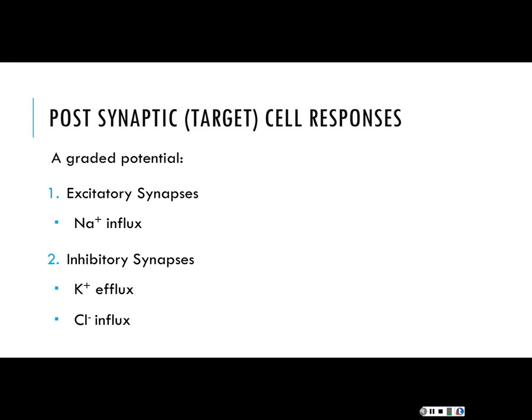If an excitatory synapse is present, the influx of sodium causes the postsynaptic cell to depolarize, get closer to its threshold. Whether or not threshold is met depends on the amount of sodium influx. We get closer, but we may or may not get to it.